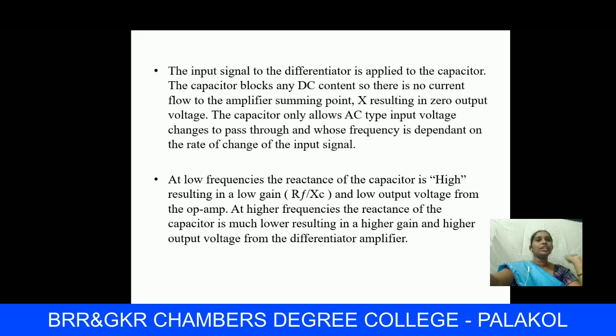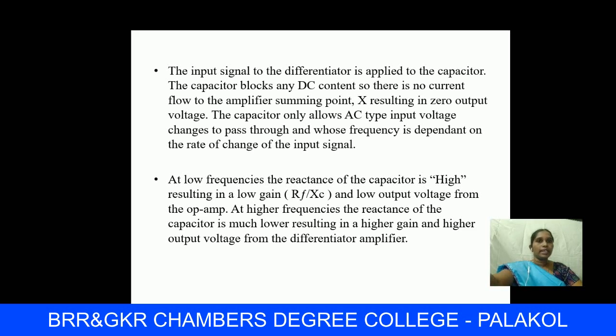At high frequencies, the reactance of the capacitor is much lower, resulting in a higher gain and higher output voltage from the differentiator amplifier.